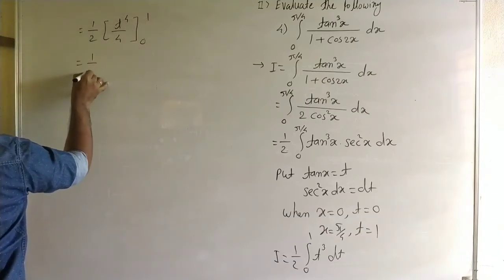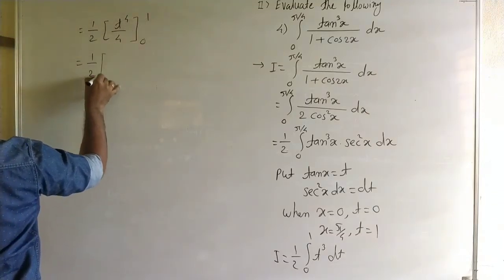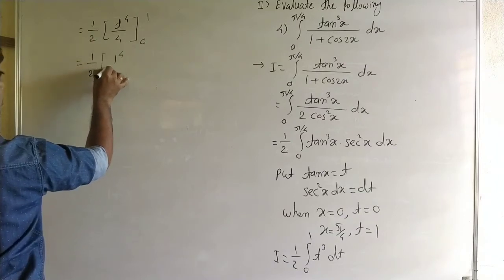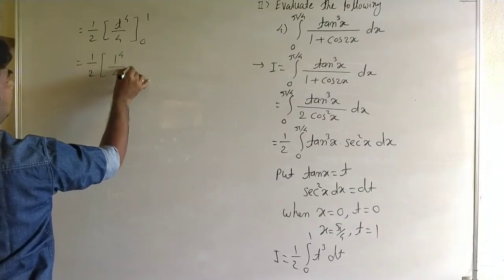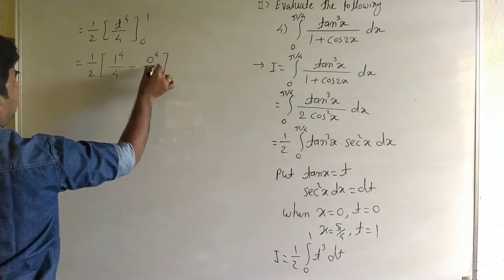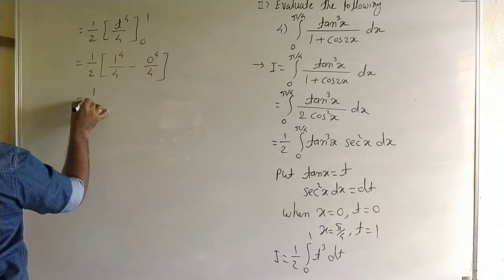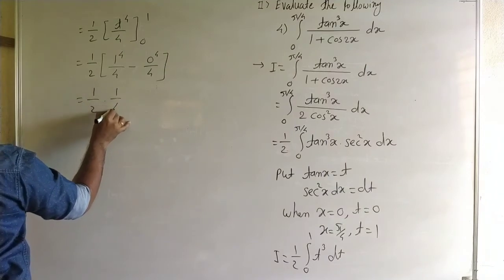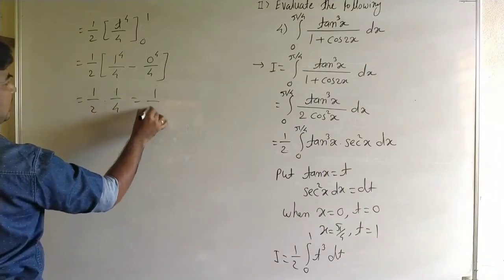Upper limit minus lower limit: 1 to the power 4 upon 4 minus 0 to the power 4 upon 4. The second term is 0, so it is 1 by 4. Therefore 1 by 2 into 1 by 4 is 1 by 8. This is the final answer.